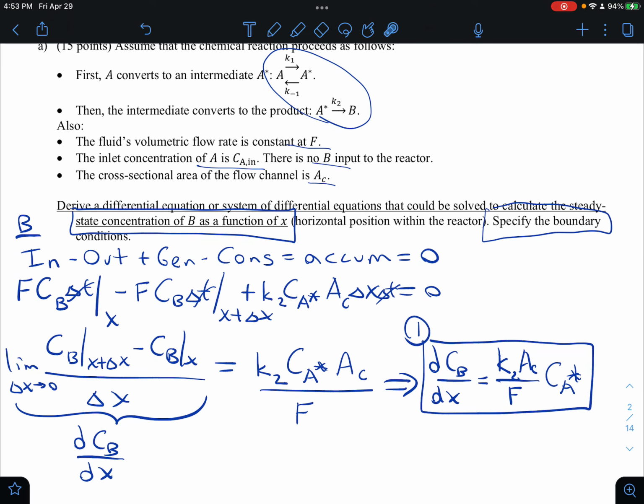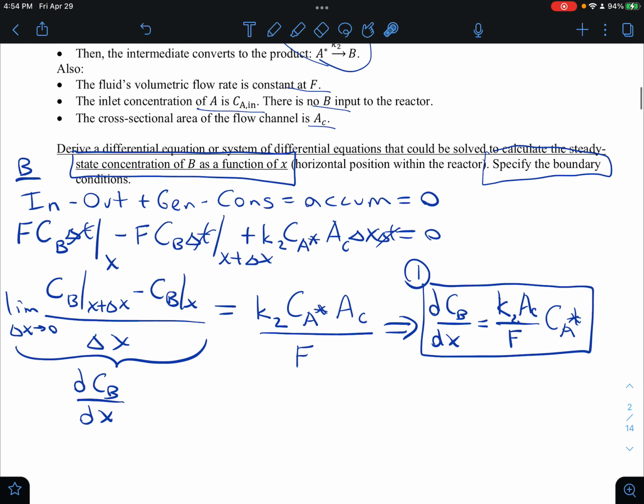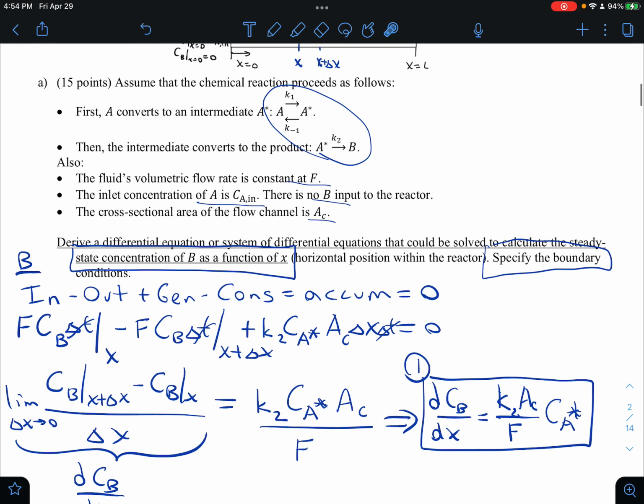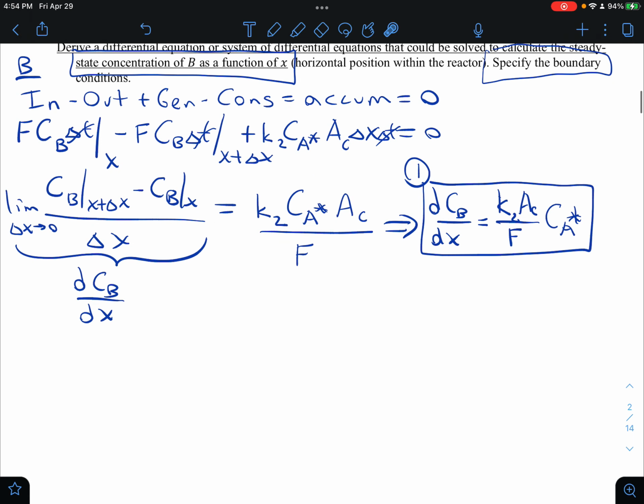Notice that this equation, or CB, is going to depend on CA star, and therefore this equation would not be sufficient for calculating CB as a function of x. So we need to do a balance on CA star. So let's look at that.